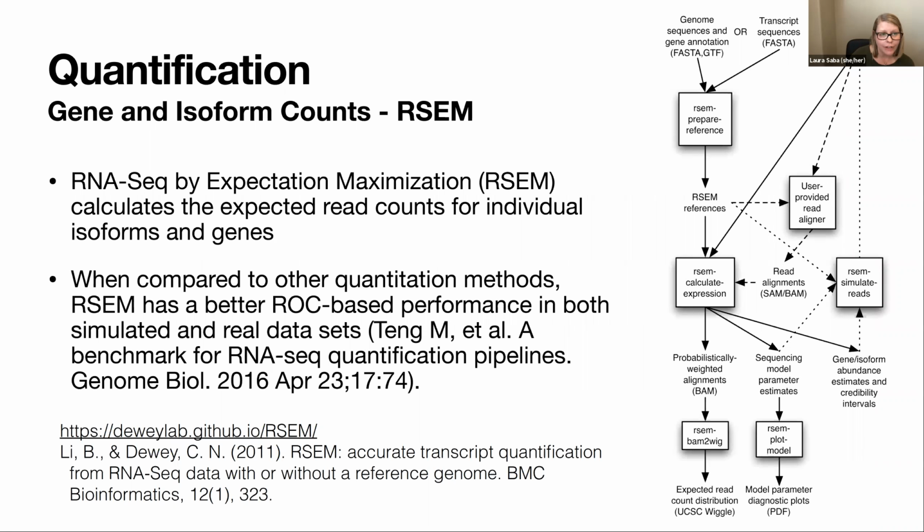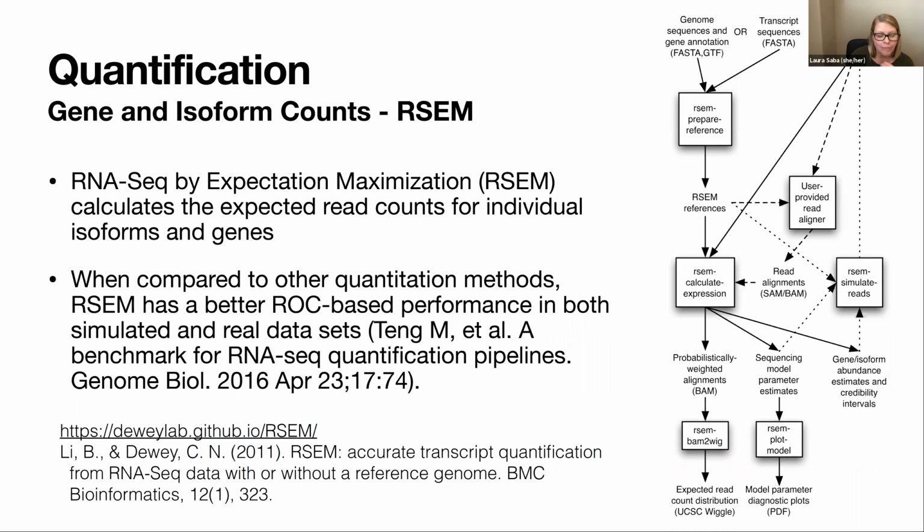Again, one of our favorite methods for quantification is RSEM, which is RNA-Seq by expectation maximization. In this procedure, we align the reads directly to the transcriptome, and those that align to multiple transcripts, we divvy up based on a probability model.